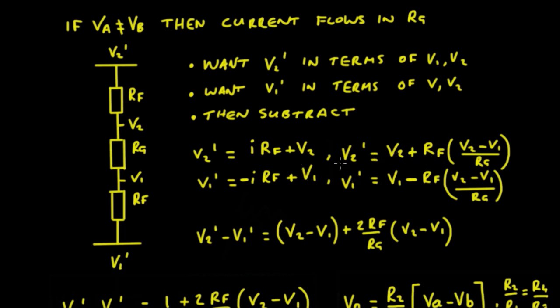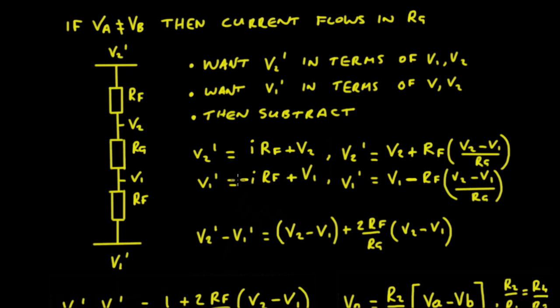If we take the first one, we can write V2 dash equals V2 plus RF times the current I. The current I is just going to equal V2 minus V1 upon RG. That will give us the current through that network. And similarly here we'll have V1 minus RF times V2 minus V1 upon RG.